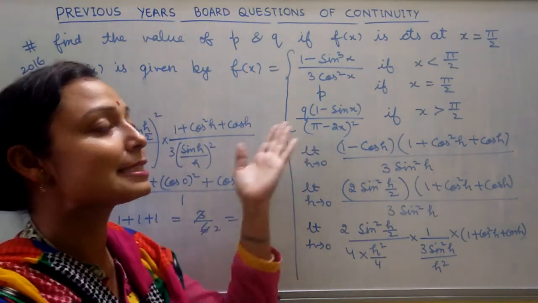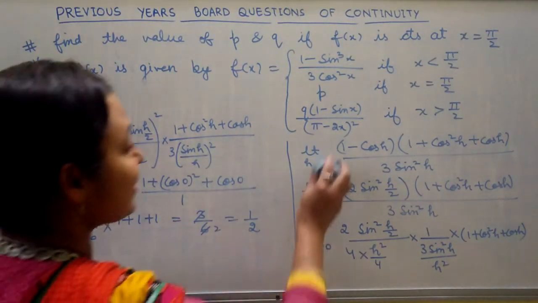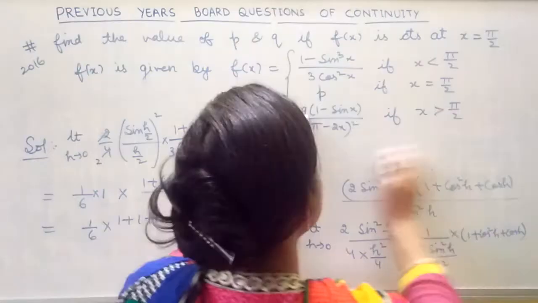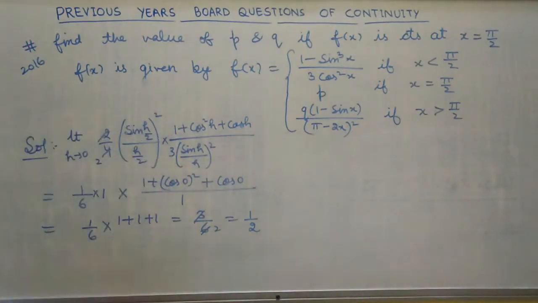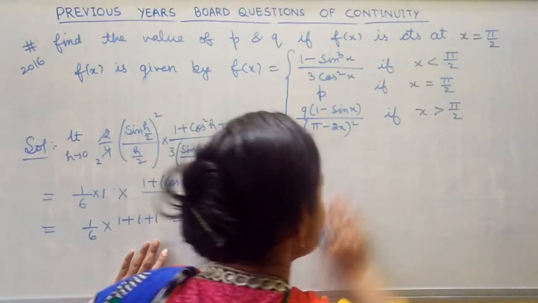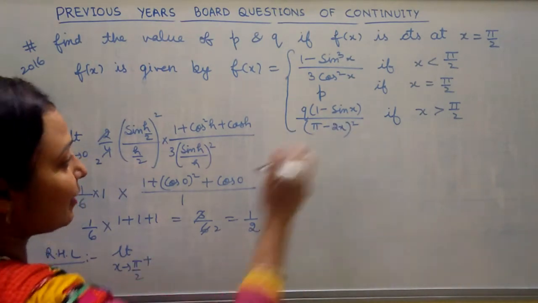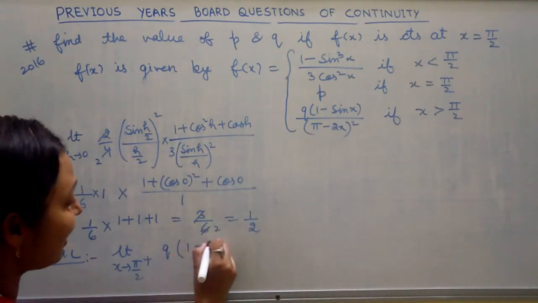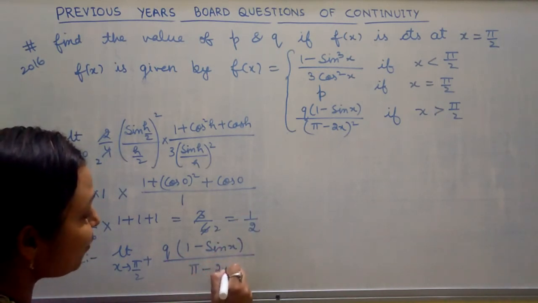Right? Now come to the second, the right hand limit. So how can you solve the right hand limit? The solution is very simple. I will start the right hand limit from here. Right hand limit, x approaches to pi by 2 plus, q into 1 minus sin x upon pi minus 2x whole square.